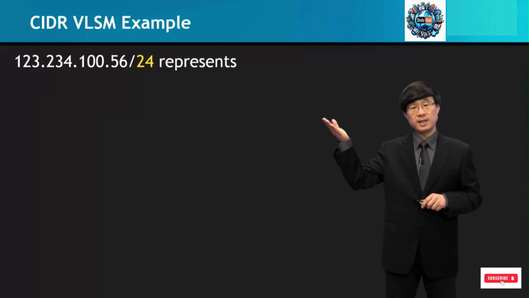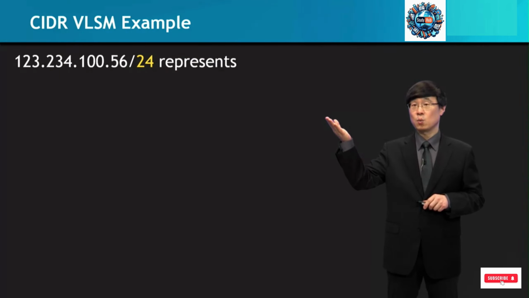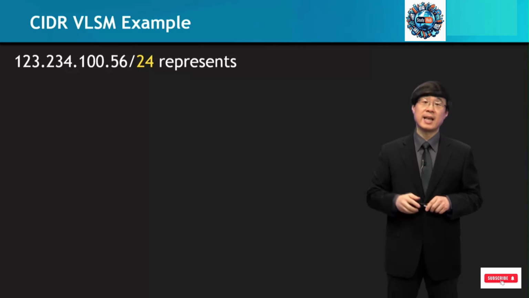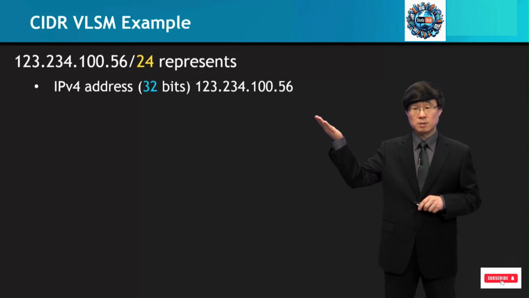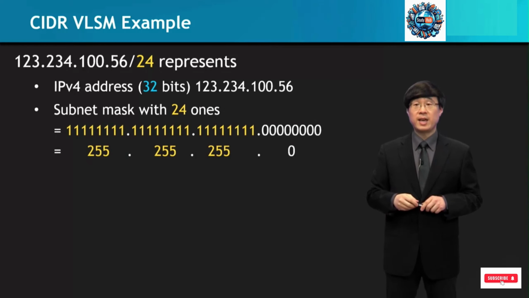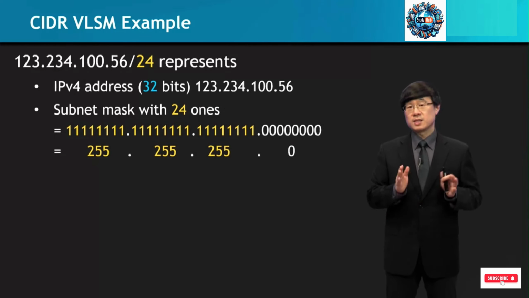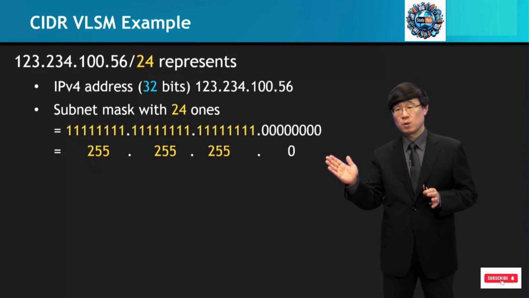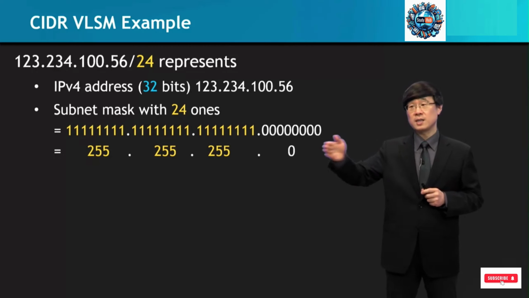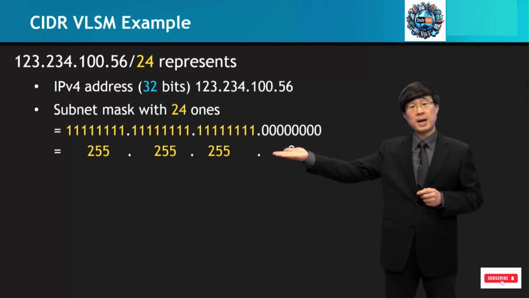Looking into a VLSM example, you can see this, where it is 123.234.100.56/24. This represents the IP address before the slash, and then the subnet mask. The subnet mask is represented by that /24 number that you see, which means that there are 24 ones right here, followed by the zeros that you see right here, and there are 8 zeros.